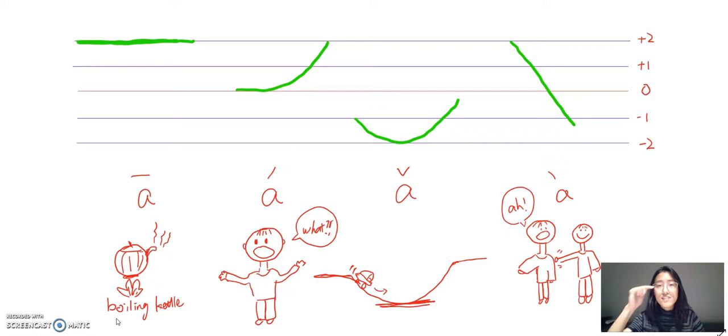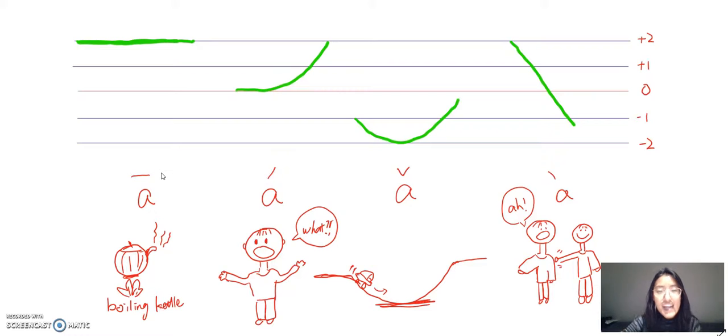It's high and flat. So if we put the tone in the language, take the vowel ah as example, it's ah, right? Can you hear? It's high and flat.